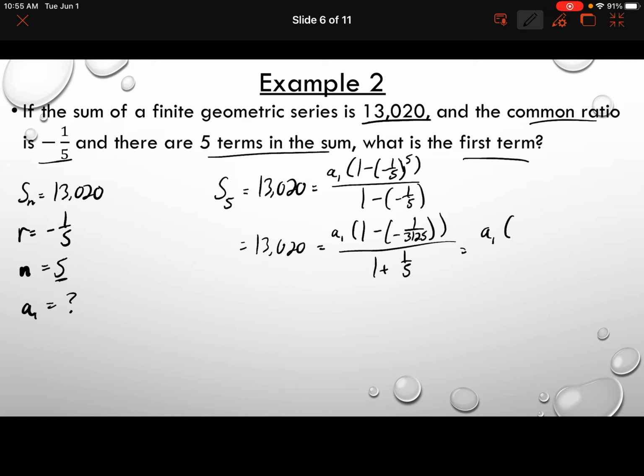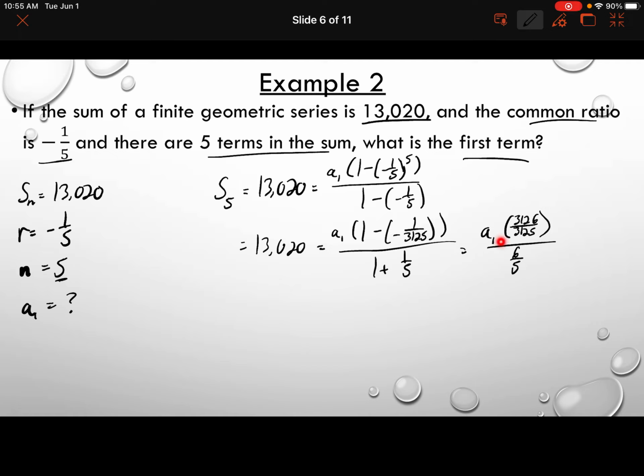These two negatives become a positive, so we end up with 1 plus this fraction. So that would just be 3126 over 3125, all over 1 plus 1/5, which is 6/5.